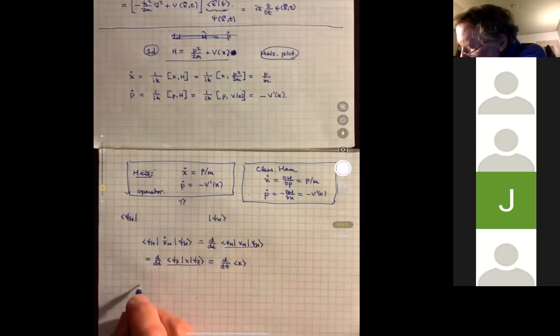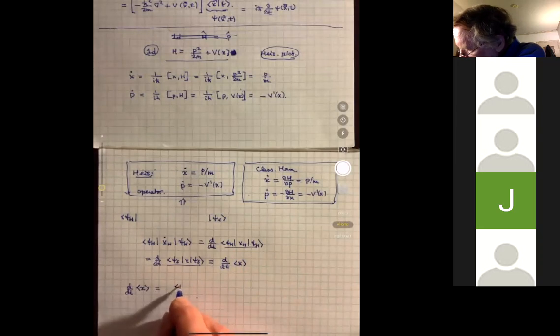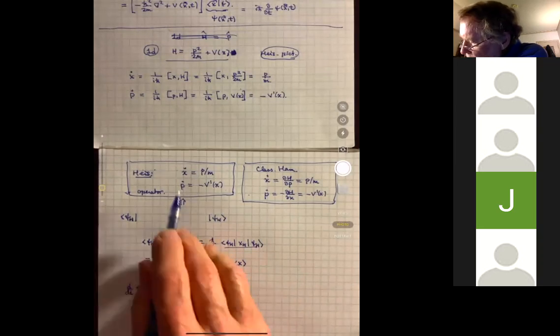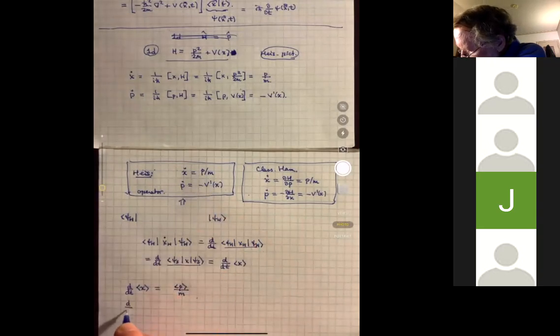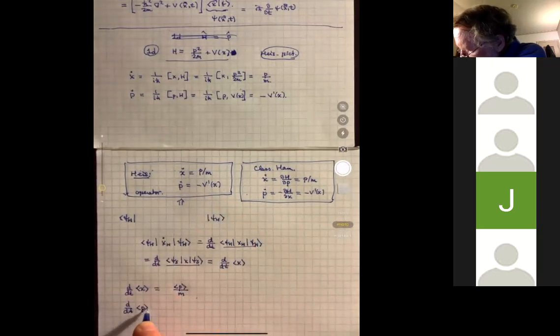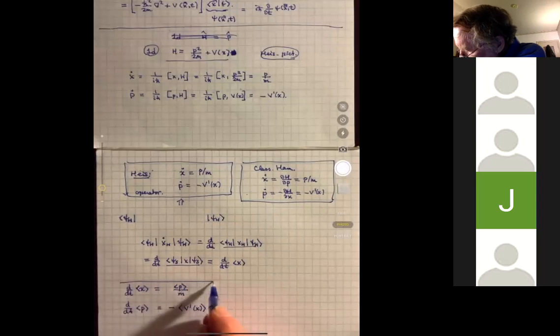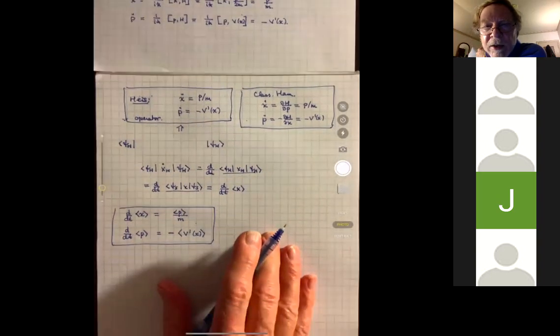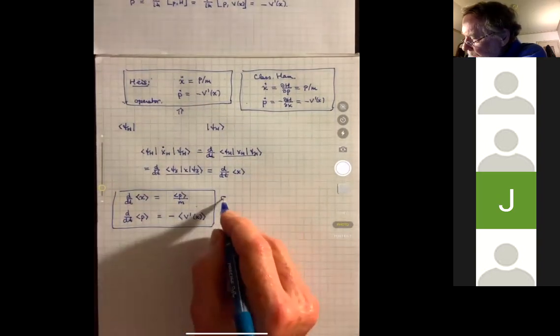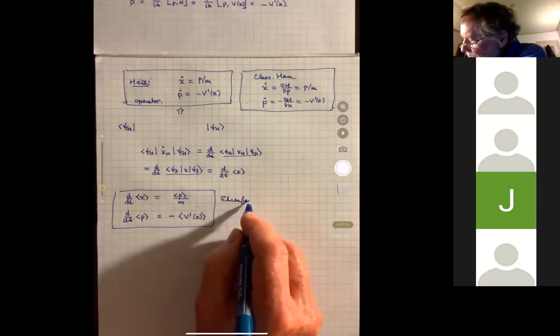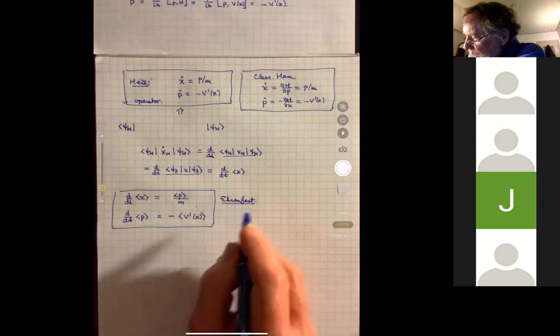So by taking expectation values, we get d/dt of the expectation value of x in either picture is equal to the expectation value of momentum divided by mass. That's from the first equation. And likewise, from the second equation, we get d/dt of the average value of p is equal to, with a minus sign, the expectation value of V prime of x. These are relations derived from the Heisenberg equations of motion, and they fall under the name of Ehrenfest. Ehrenfest relations involve relations among expectation values.